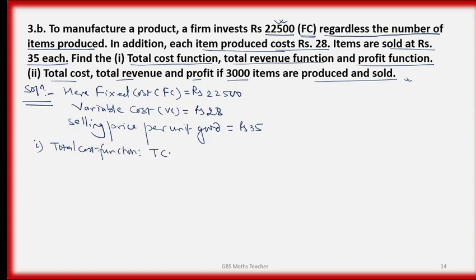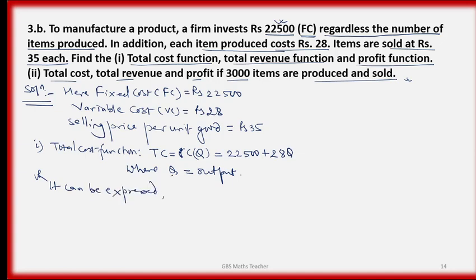Total cost is supposed to be C(Q), that is C(Q) equal to this fixed cost plus 28Q, where Q equals output. Or it can also be expressed in terms of X.